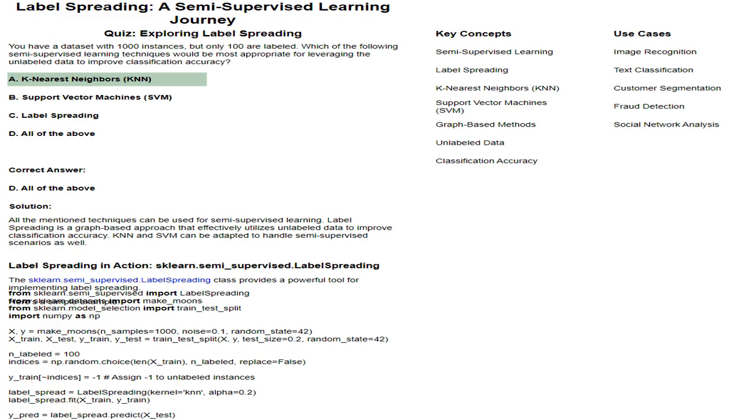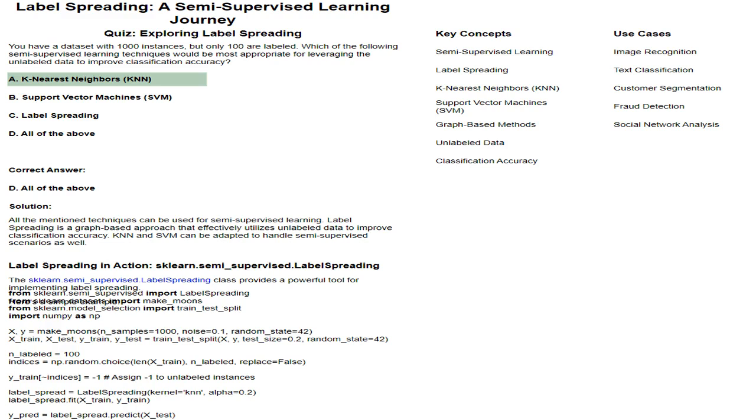K-nearest neighbors, KNN. A lazy learning algorithm that classifies an instance based on the majority class of its k-nearest neighbors in the feature space. It can be adapted for semi-supervised learning by considering both labeled and unlabeled instances during the neighbor search.